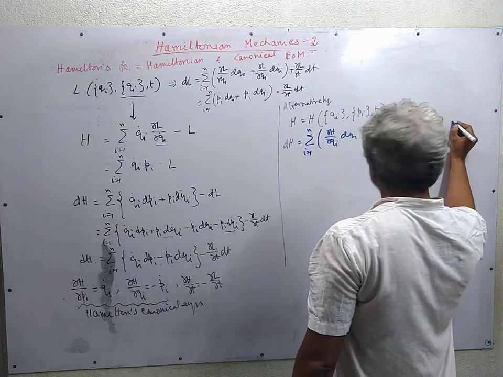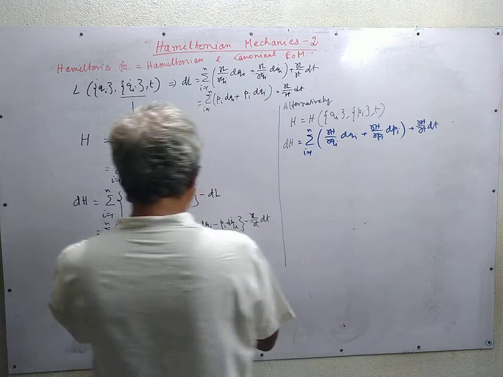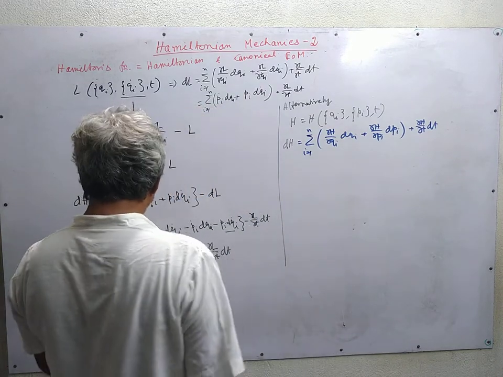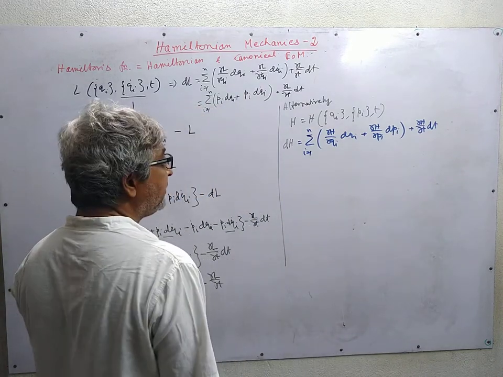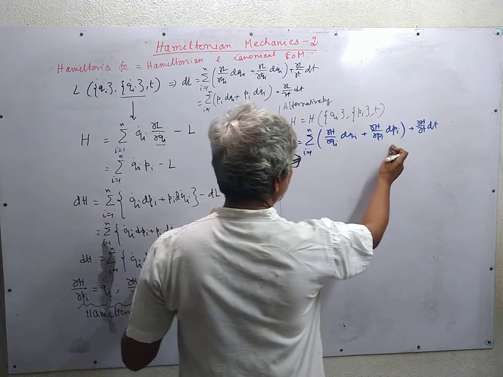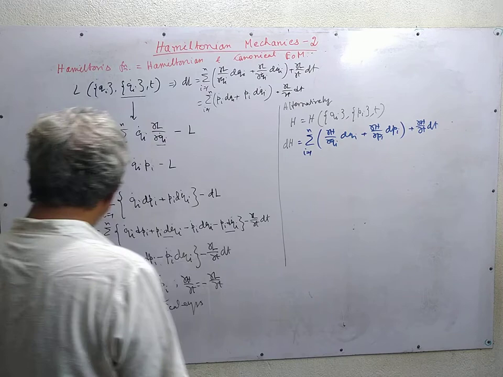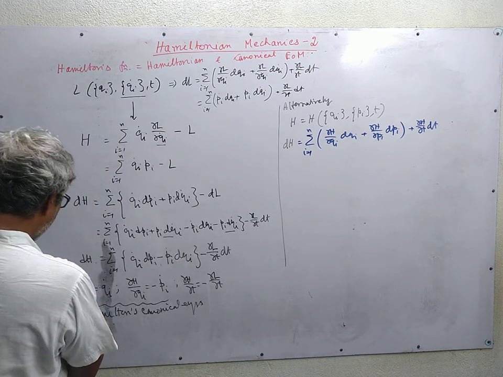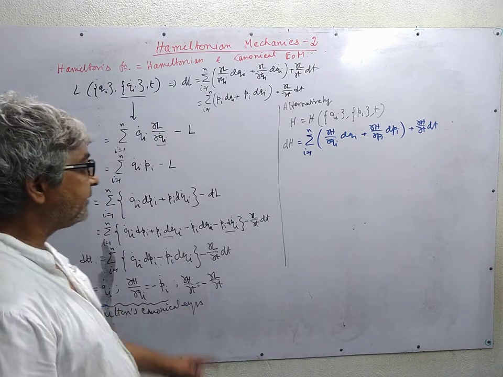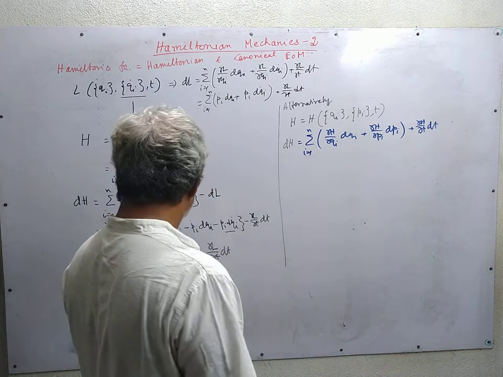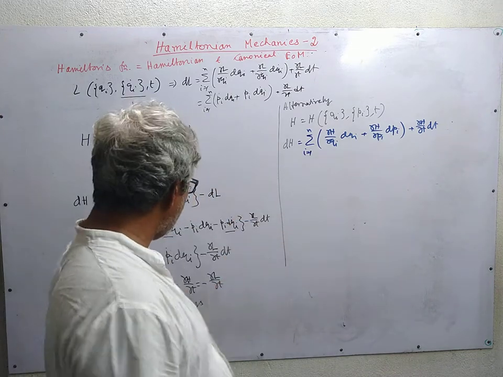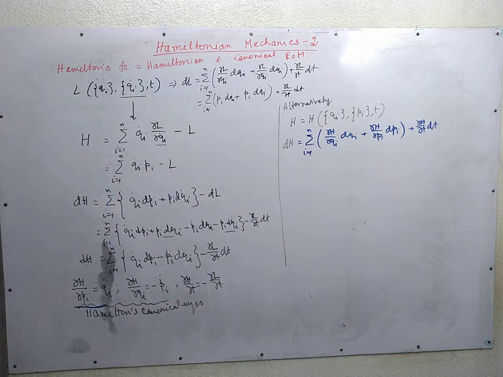If we compare this equation with the earlier equation, since the coefficient of dpi will be the same, ∂H/∂pi is qi dot. Comparing the coefficients of dqi and dt, we get the other two equations. So these are the Hamilton's canonical equations.